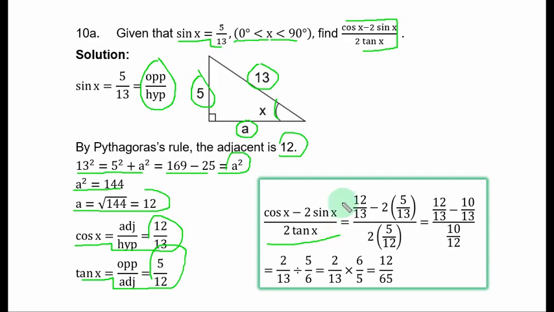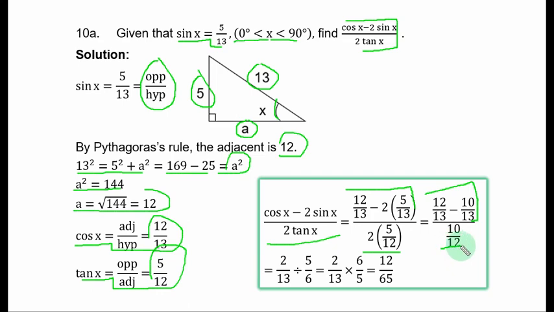So cos S is 12 over 13 minus 2 times sin S over 2 times tan S. If you simplify further, you have 12 over 13 minus 2 times 5 over 13, which becomes 10 over 13, over 2 times 5 over 12, that is 10 over 12.